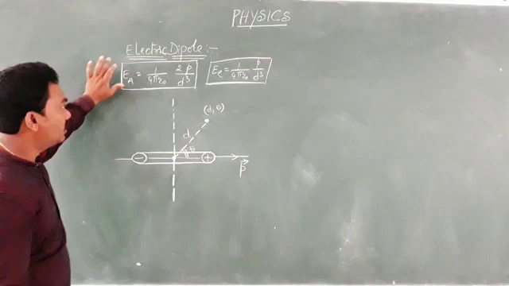In the coming classes, we continue the behavior of a dipole in an external electric field and the couple experienced by it. And apart from that, if two dipoles are placed near each other, then how will be the influence of one dipole on the other, which is the dipole-dipole interaction, that we are going to discuss in the next class. As early as possible, we will try to conclude the electric field intensity due to the dipole concept in the next class. Okay, so this is all for today's class.